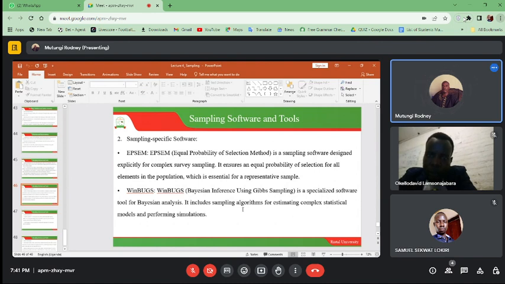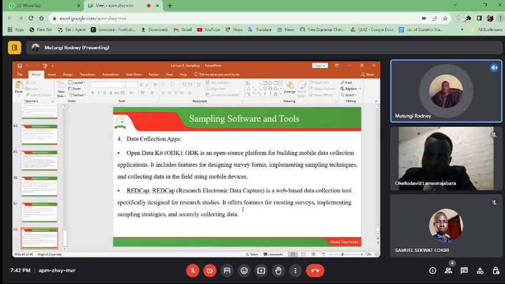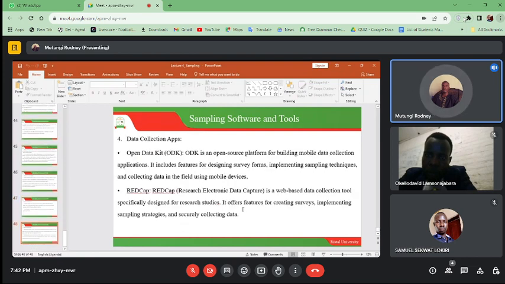And then WinBUGS, we have Qualtrics, which can be done online. We have SurveyMonkey, which is very common nowadays to do those online surveys. And then the data collection tools, which include REDCap, we have Open Data Kit or ODK, we have KoBo Collect, and very many others. So these generally help us to collect data, to come up with samples, to clean the data, to analyze it, okay?